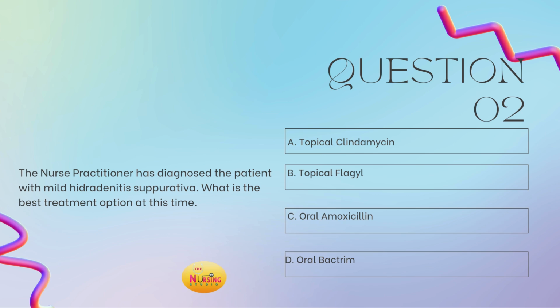Typically with derm issues, if it's mild, you're going to start out with a topical agent. If it's moderate to severe, then you start to move into oral antibiotics. Typically, it's like the pattern, the theme. If it's specified that it's mild hidradenitis suppurativa, the first line therapy for that as a topical agent is A, topical clindamycin, okay?